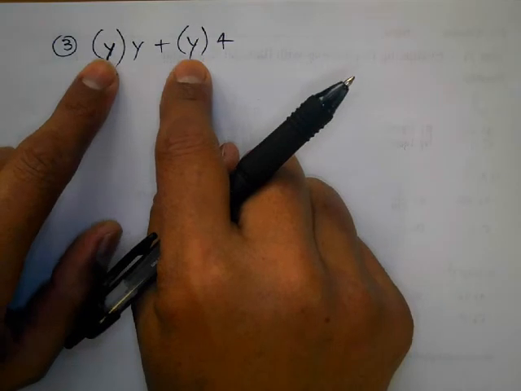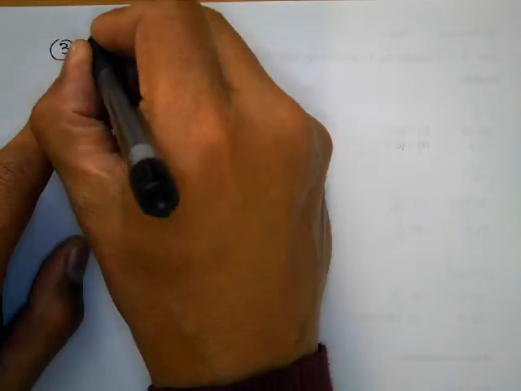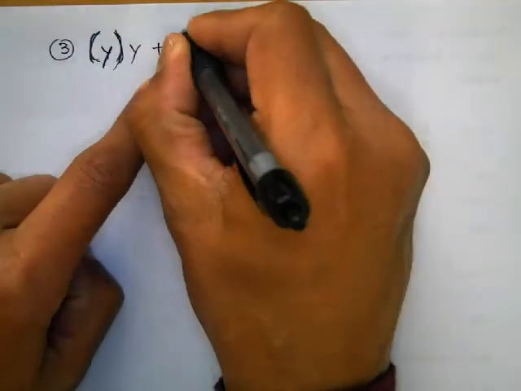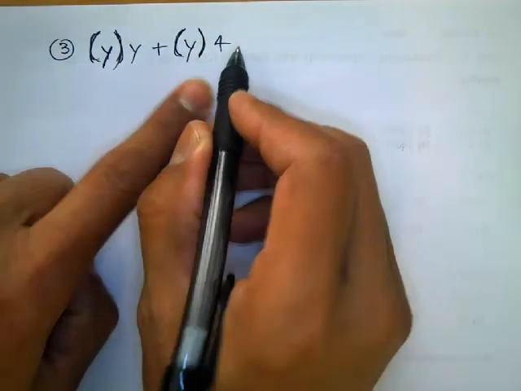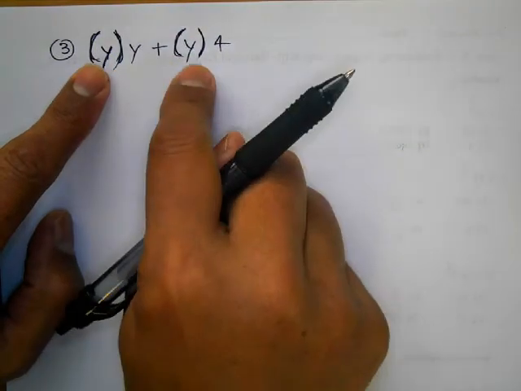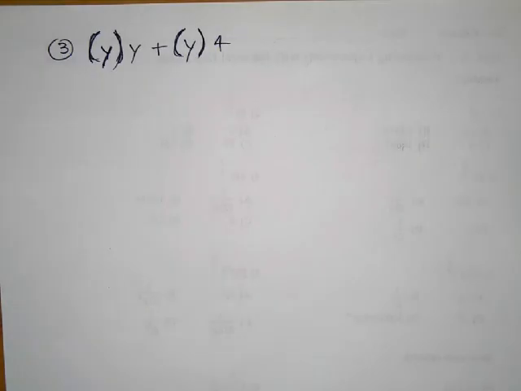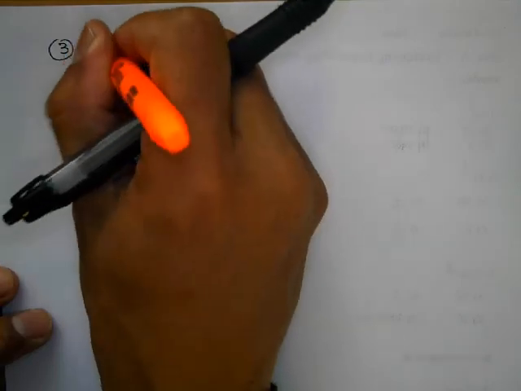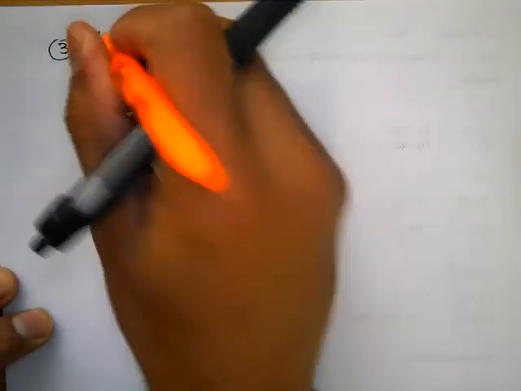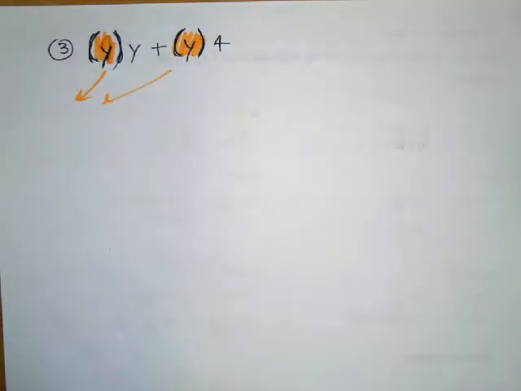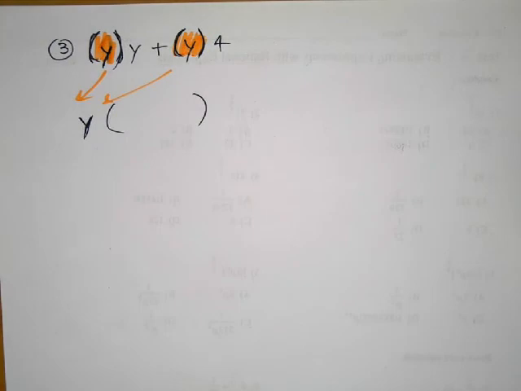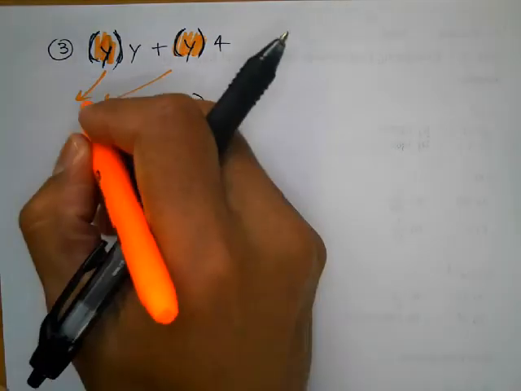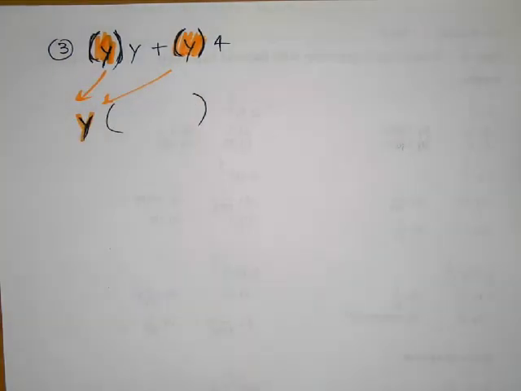What I like to do, and what I want you guys to also practice, is that the common factor we're going to put in parentheses. You see how I put them in parentheses, and I can see that this y and this y are common. I know there's another y, but there's not another y here. So only one y is common in this term, and one y is common in this term. So this is what's getting factored out, this part that's in the parentheses. When you factor it out, you only write it one time.